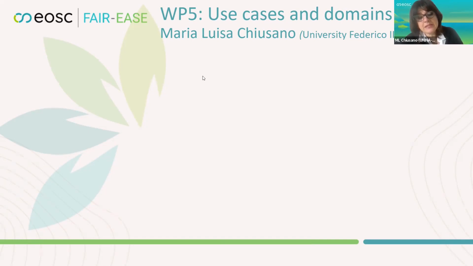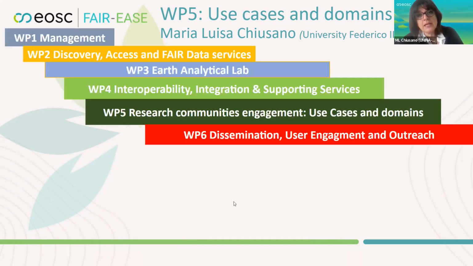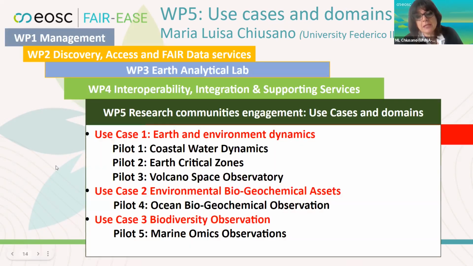I am really pleased to start the introduction of WP5, Work Package 5 of FAIREASE, which is one of the six work packages embedded in this project. It includes all partners involved and focused on specific pilots in the project. And these pilots are embedded in the three main use cases.